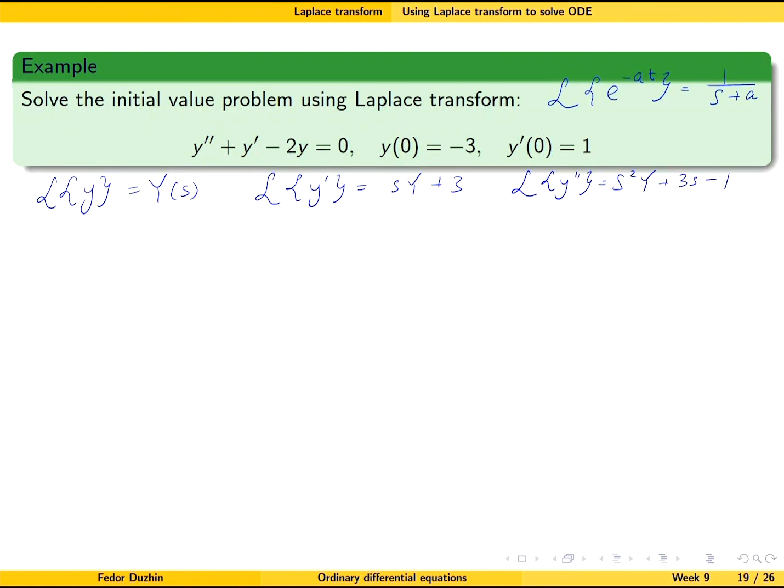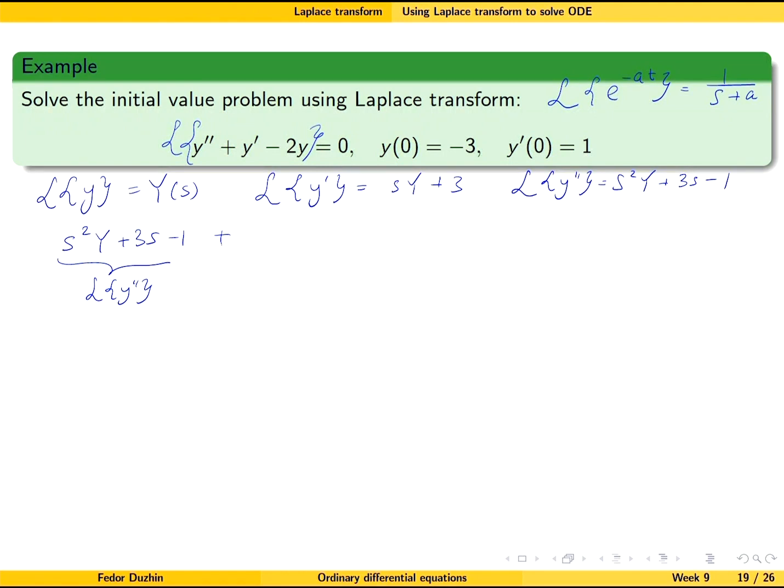Now what we are going to do is apply the Laplace transform to the left-hand side of this differential equation. The Laplace transform of the second derivative is s squared Y plus 3s minus 1. So this is the Laplace transform of y double prime.